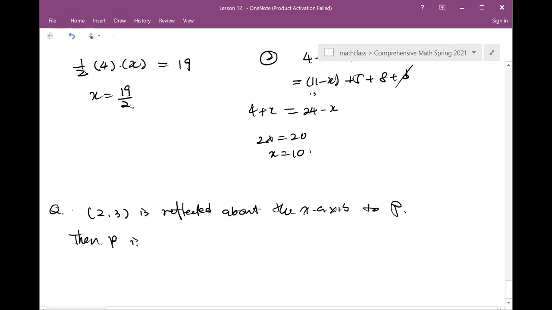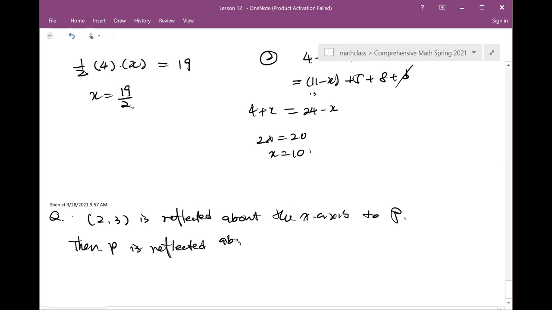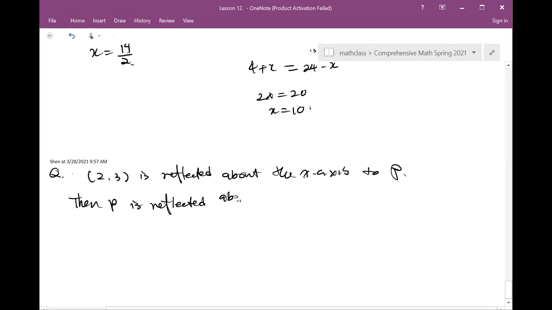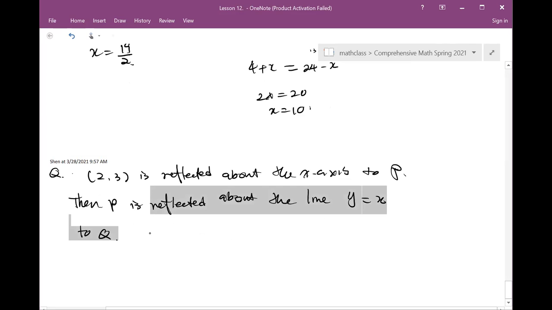Then P is reflected about the line y equals x to Q. Okay. Find the coordinates of Q.